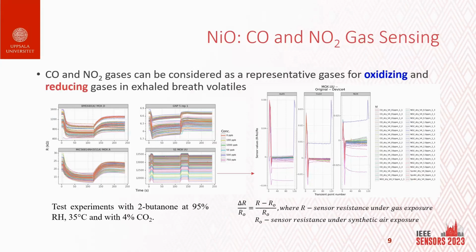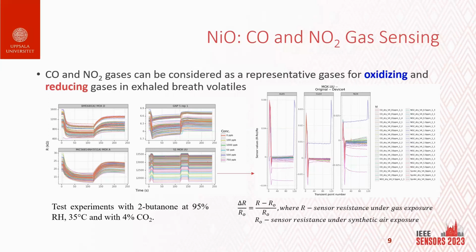These are the commercial sensors normally. We look into the sensors we have locally developed from nickel oxide. Test experiments were with 2-butanol at 95% relative humidity and 35 degrees centigrade, and with 4% CO2.